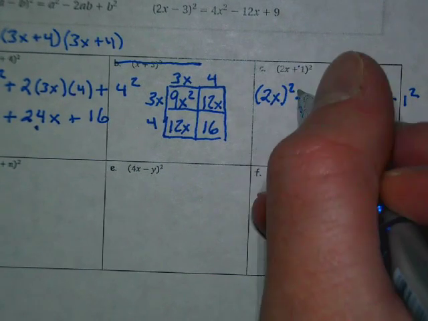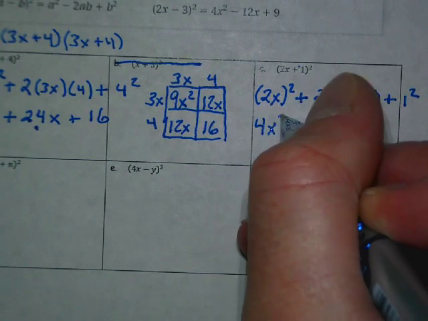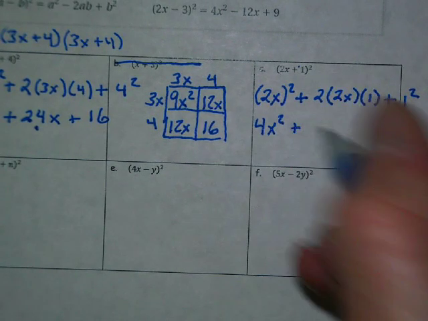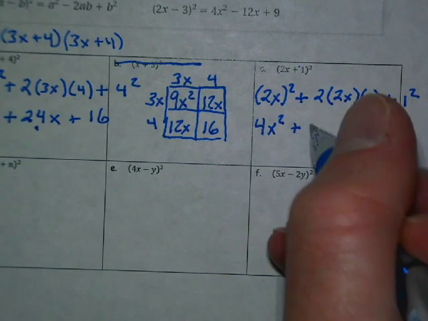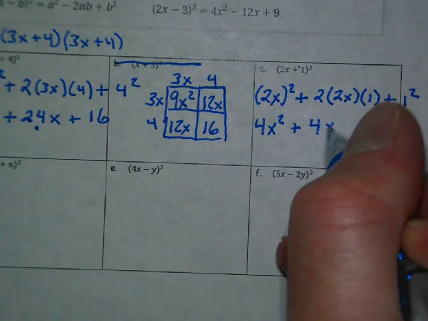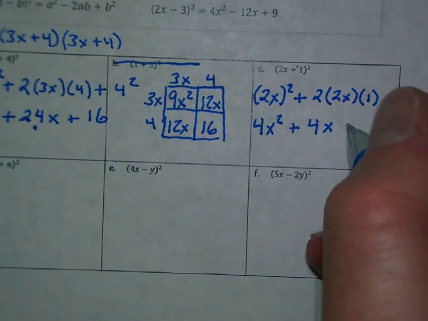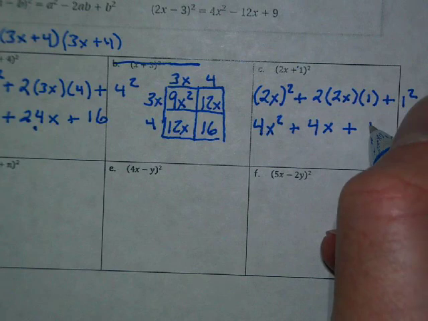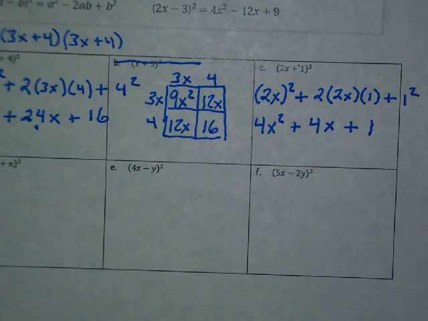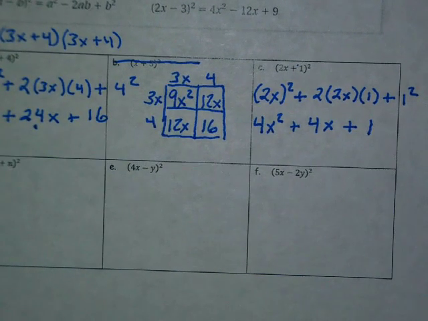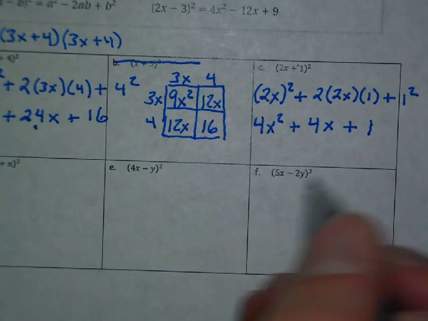And then we would simplify that. 2 squared would be 4, then you've got x squared. Plus, what's 2 times 2? 4. So 4x times 1 is not going to change it. And then last, plus 1 squared, which is 1. Okay, so there'd be our answer.